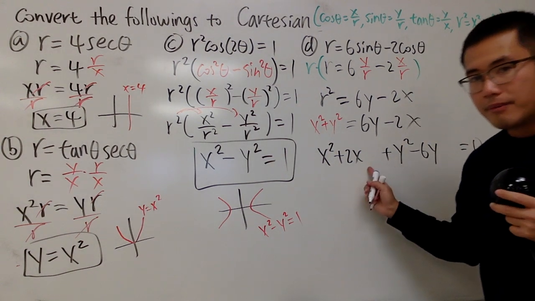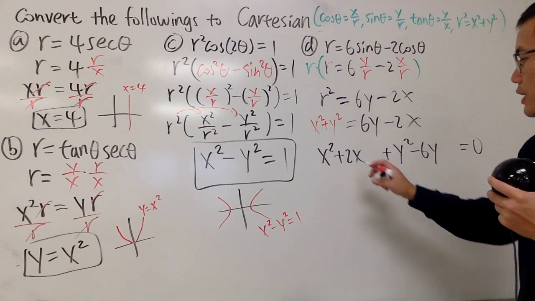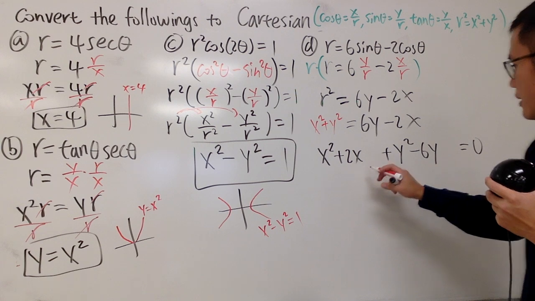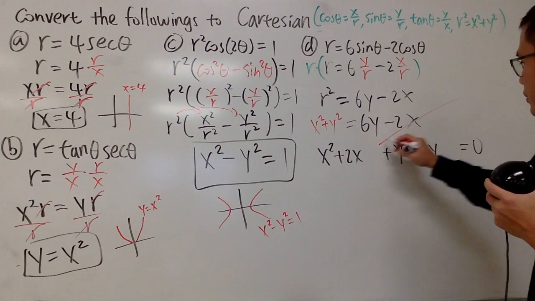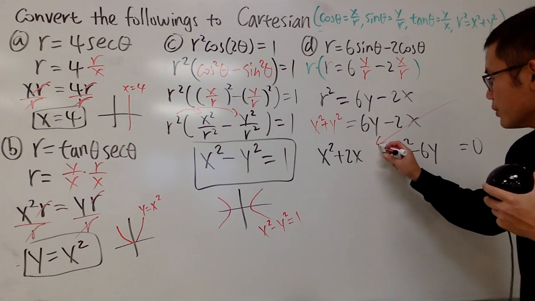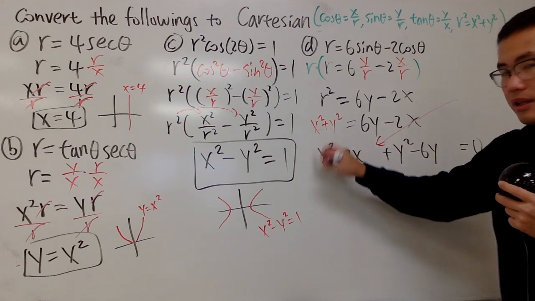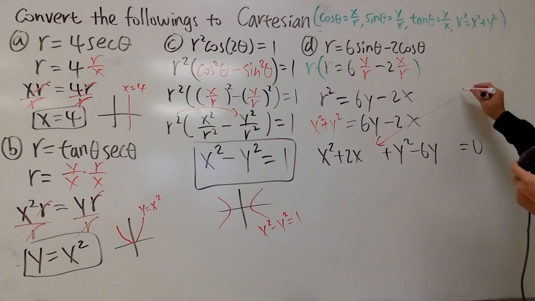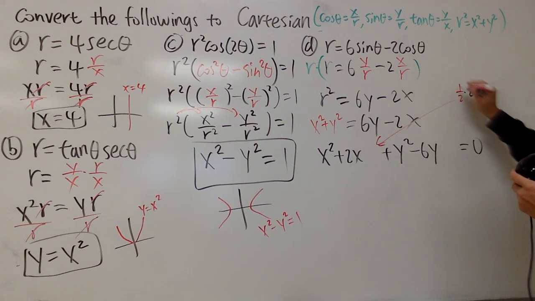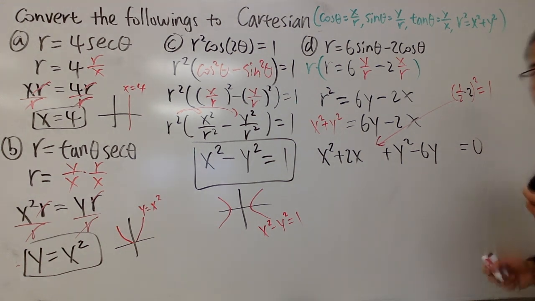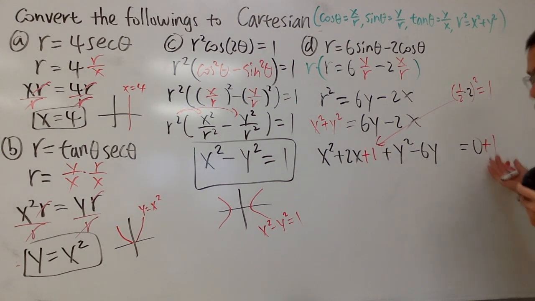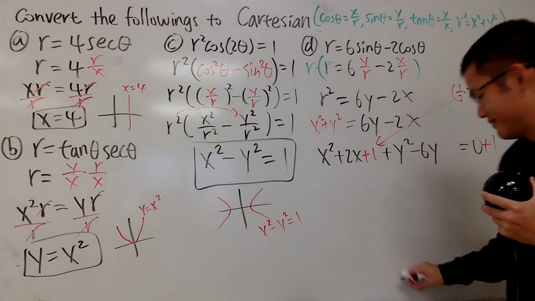And now for the magic number here, what we do is we take half of this coefficient because there is a 1 in front of the x squared already, right? So take half of that, 1/2 times 2, and we square that, which will get us 1. So that means I will have to add 1. And don't forget to do the same on the other side as well.